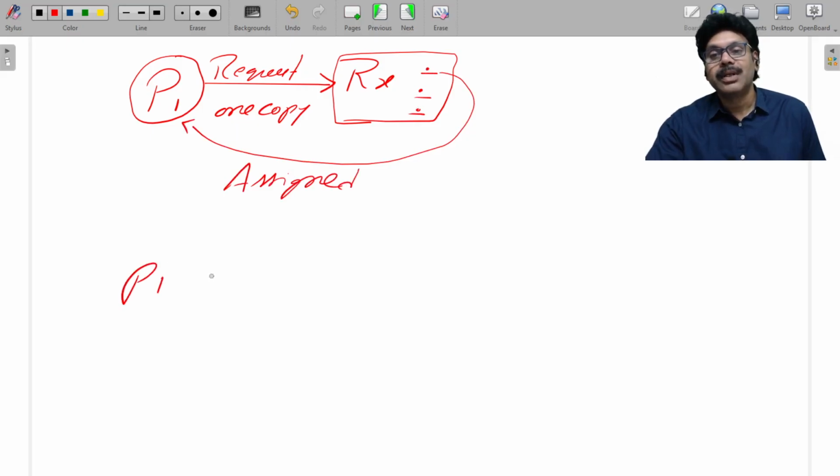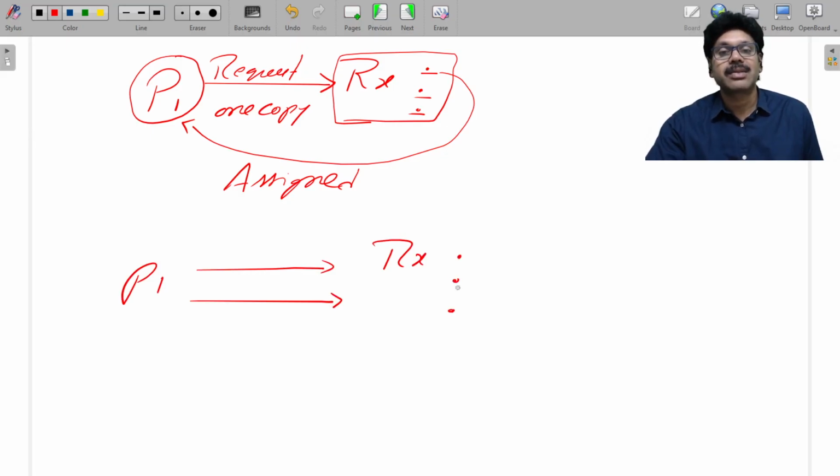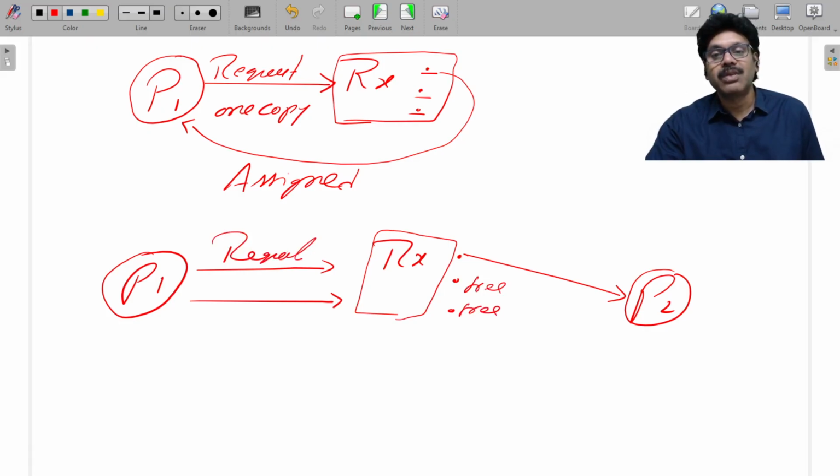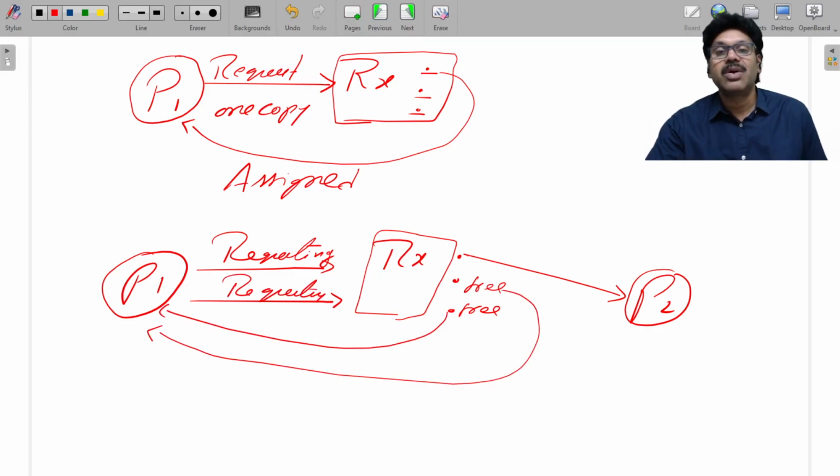And another example, P1 is requesting for 2 resources of Rx, and Rx has 3 instances. One is already allocated to P2. See this example. One copy is given to P2, still there are 2 freely available. As I am requesting, request always comes from process only. As I am requesting 2 copies, then immediately those 2 copies will be given to process P1. If not available, then P1 has to be under waiting.